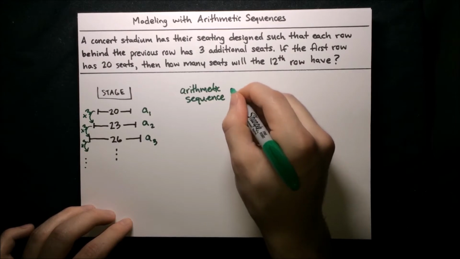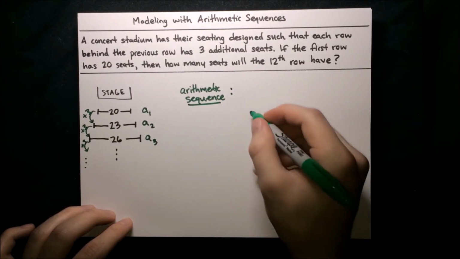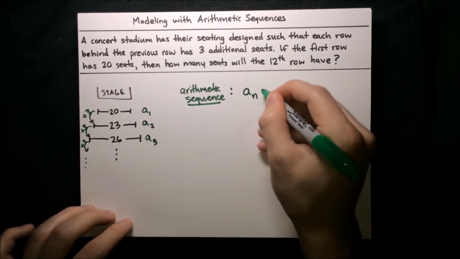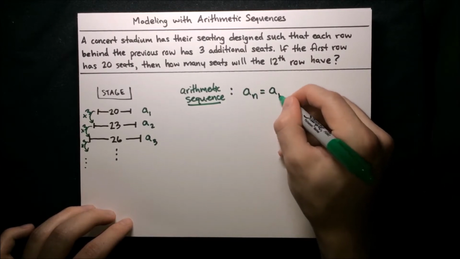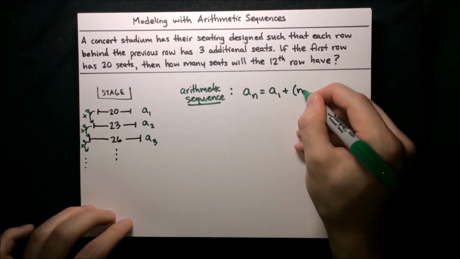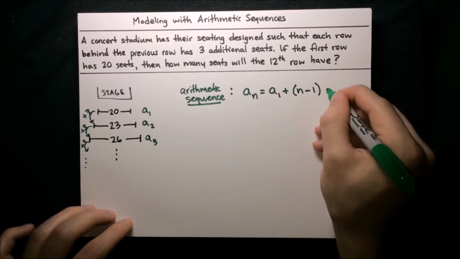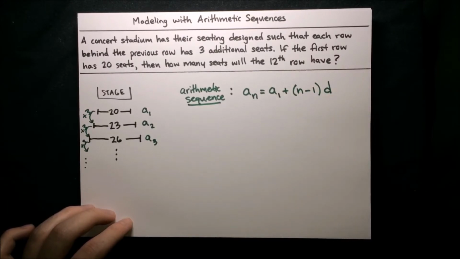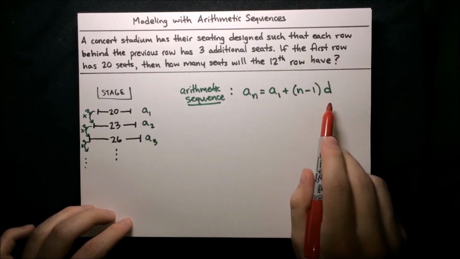And we know that the formula for an arithmetic sequence is given by an equals a1 plus n minus 1 times the common difference.